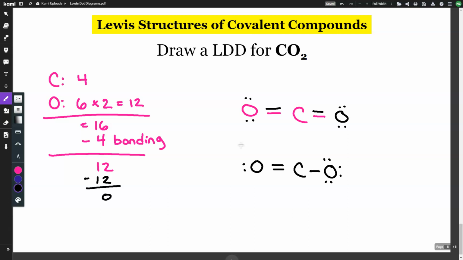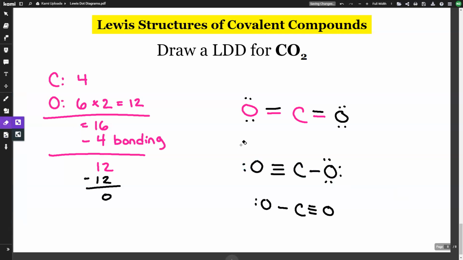So instead of doing a double bond on both sides, what if I did a triple bond on that side? Or what if I flipped it around and did the triple bond on the right side? Oops, that's too many. There we go.